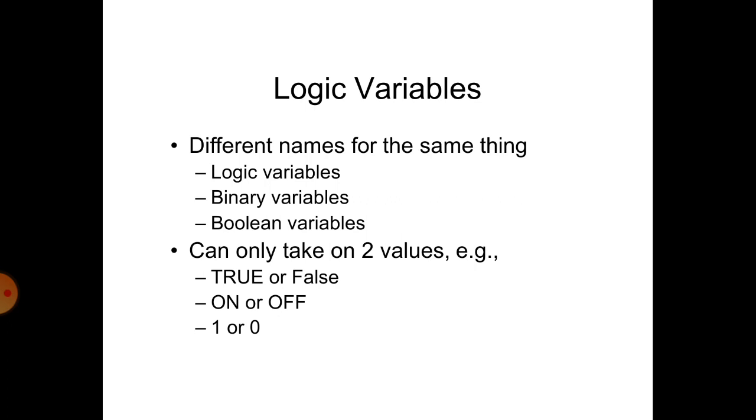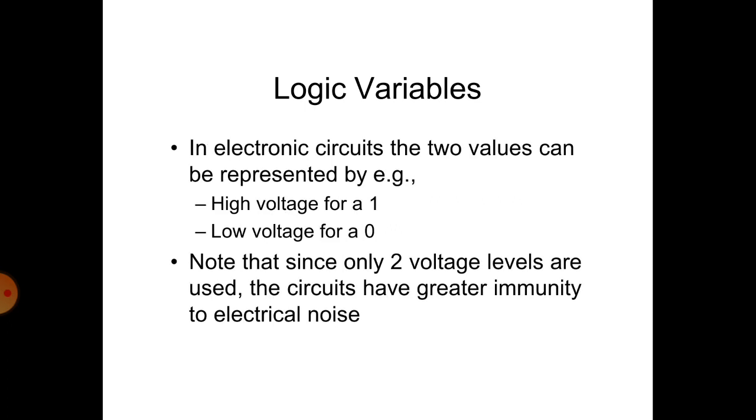They can only take on two values, for example true or false, 1 or 0, on or off. In electronic circuits, the two values can be represented by, for example, high voltage 1 and low voltage 0.